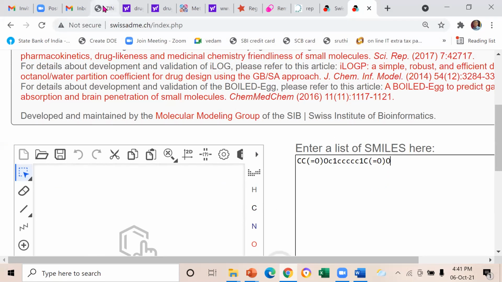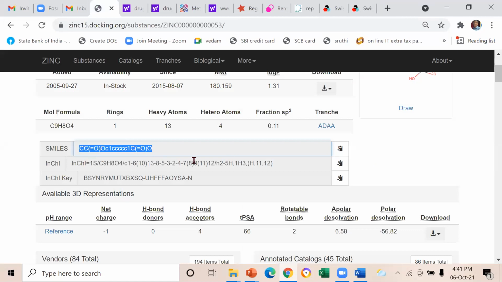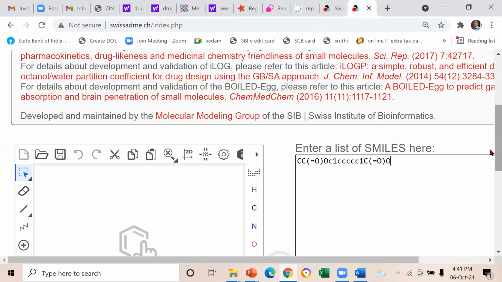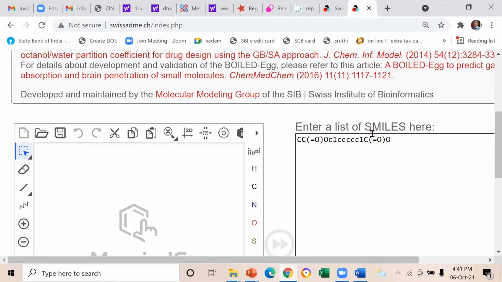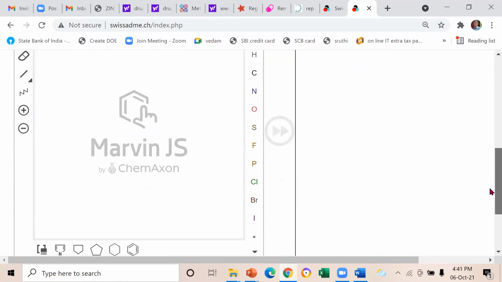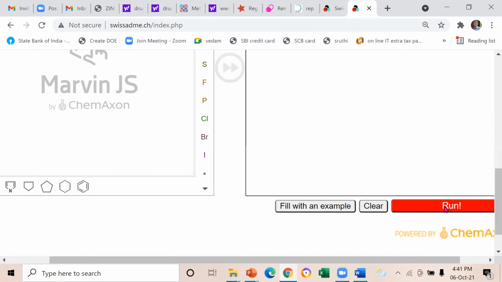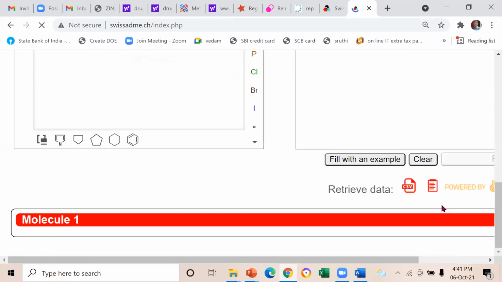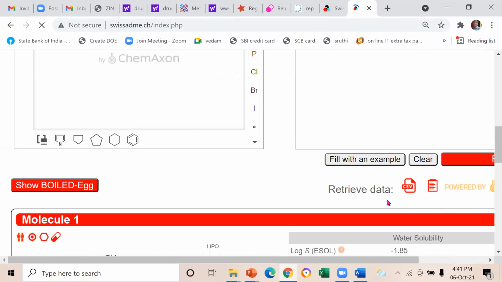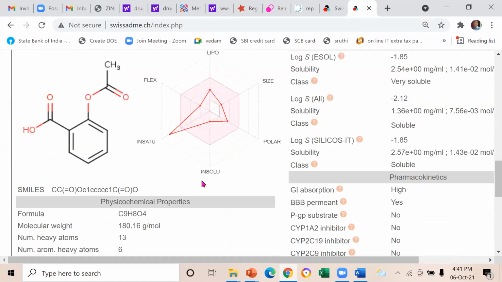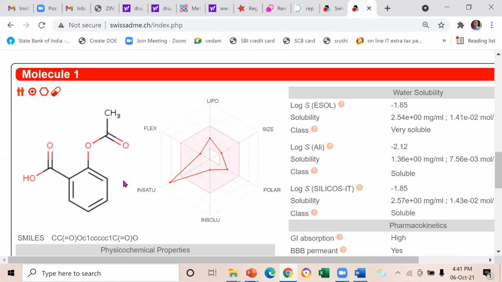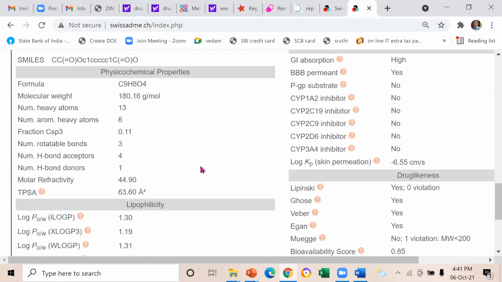I will tell you what SMILES is later, but immediately you can do that. Copy the SMILES notation, take it to Swiss ADME, paste it here, and then run this. This is the run command. So it is running and done, and it is aspirin, acetylsalicylic acid. It's giving a lot of properties.